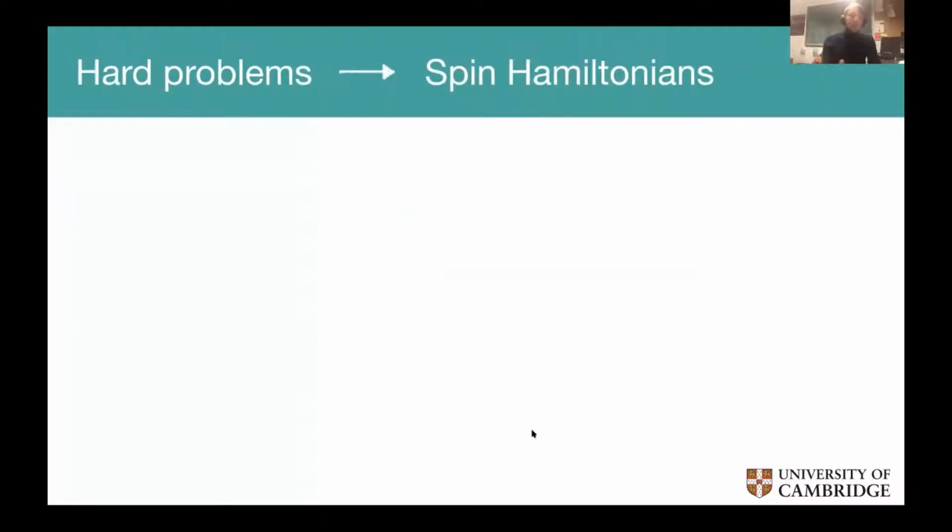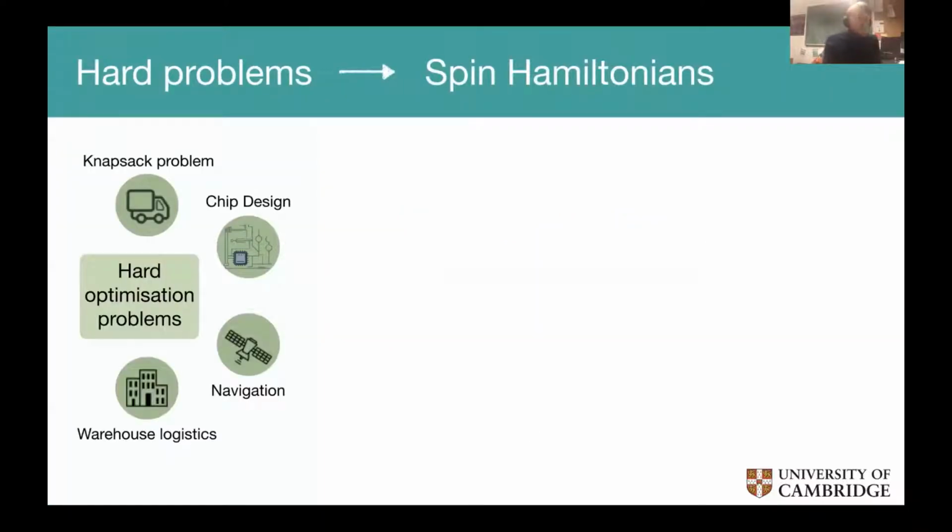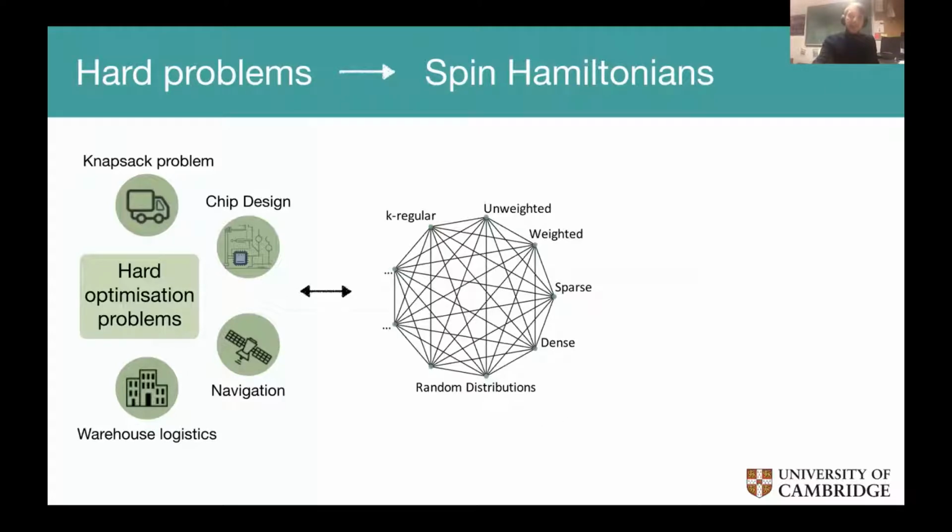So doing some quick research, one can quickly realize that there are lots of hard optimization problems, from the knapsack problem to chip design to the traveling salesman problem and protein folding, which can be represented as graphs, unweighted and weighted, sparse or dense.